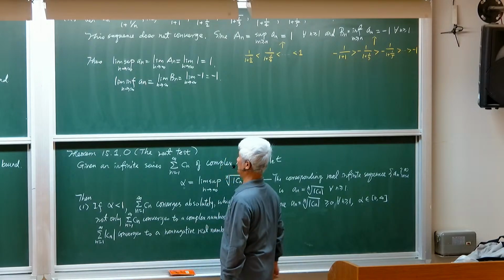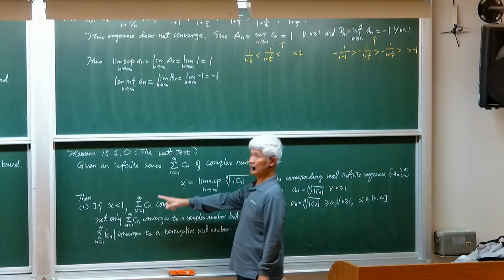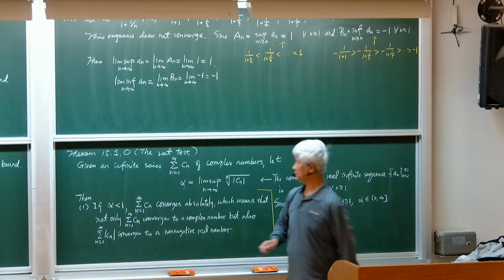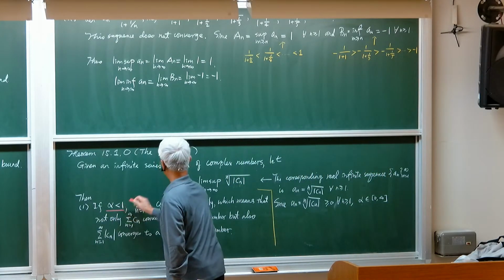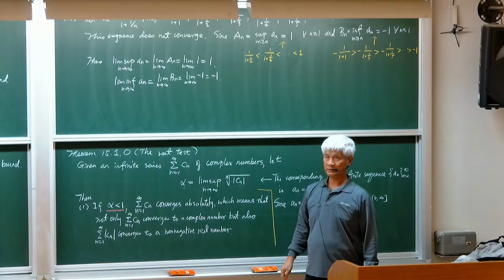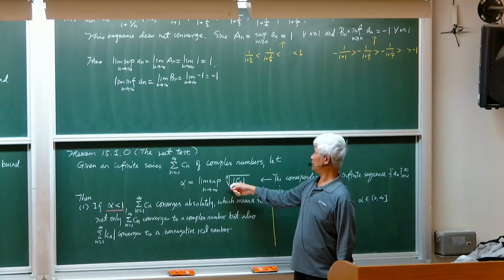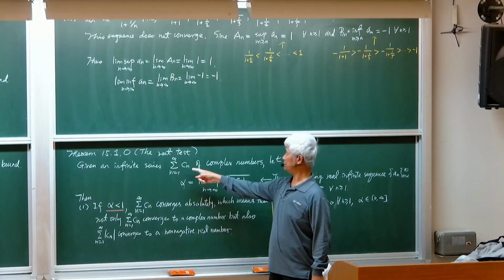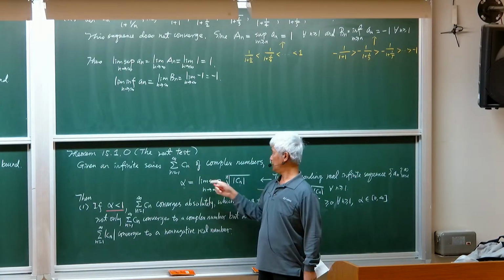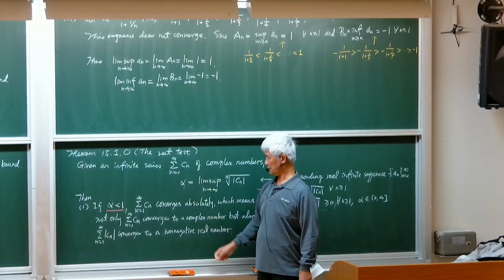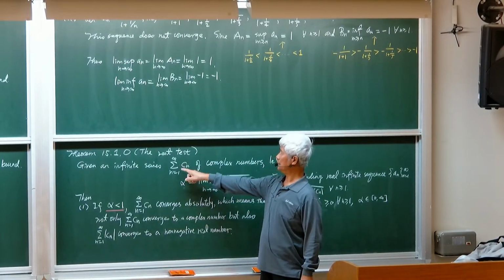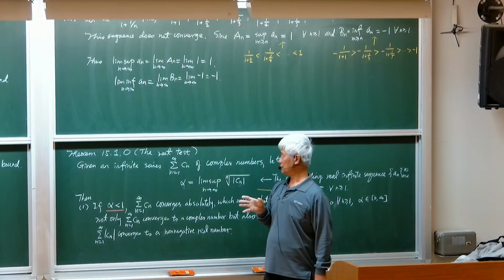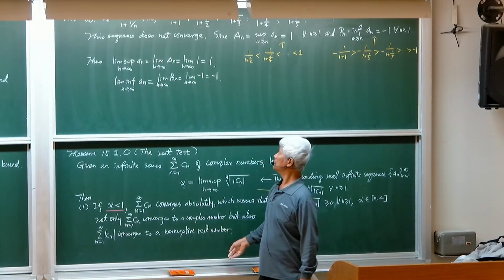So if the upper limit alpha of the nth root of the absolute value of the nth terms is less than 1, then the original infinite series converges absolutely.